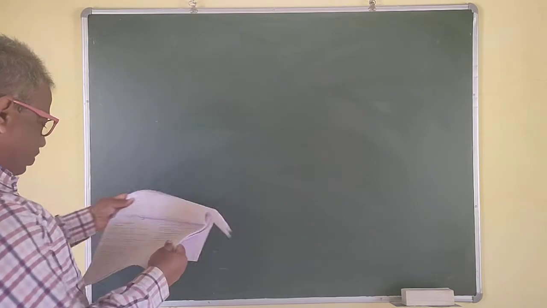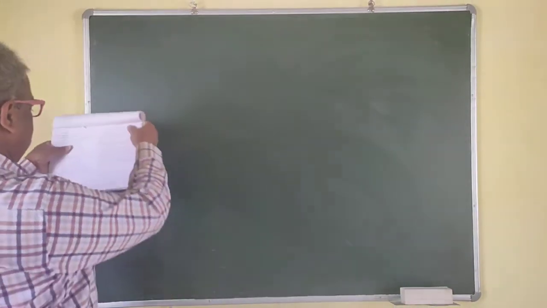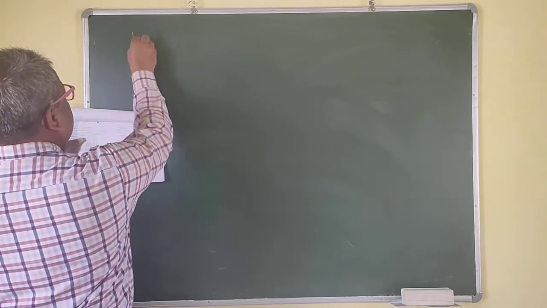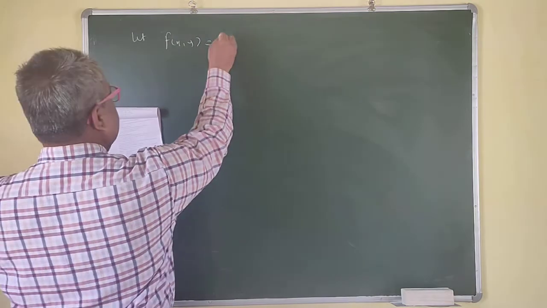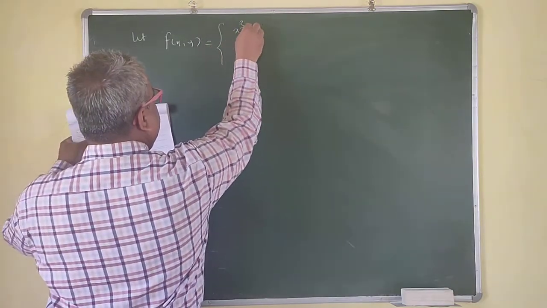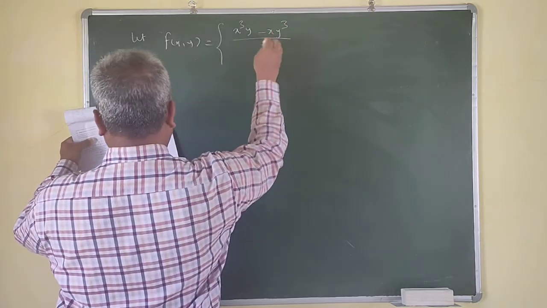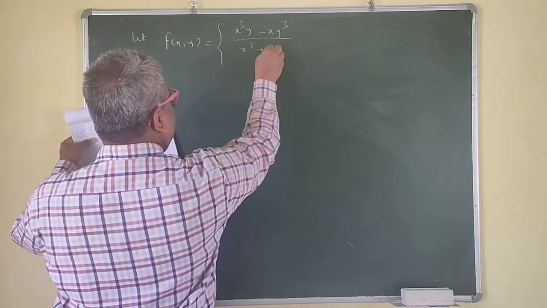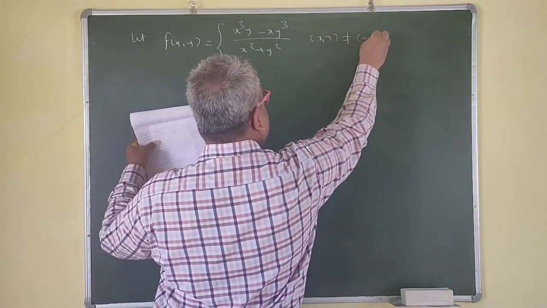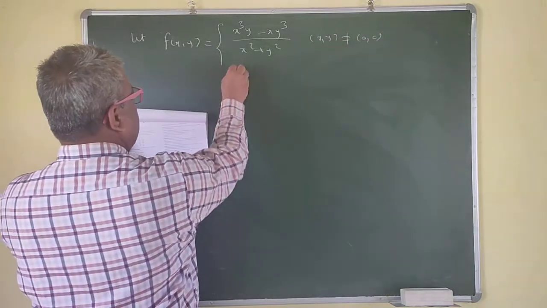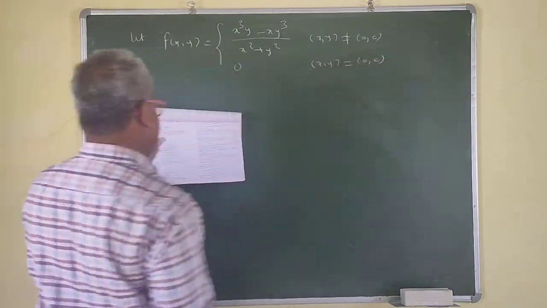So we'll take some problems. Suppose that f(x, y) is equal to (x cube y minus x y cube) upon (x square plus y square), for (x, y) not equal to (0, 0), and f(x, y) is equal to 0 for (x, y) equal to (0, 0).